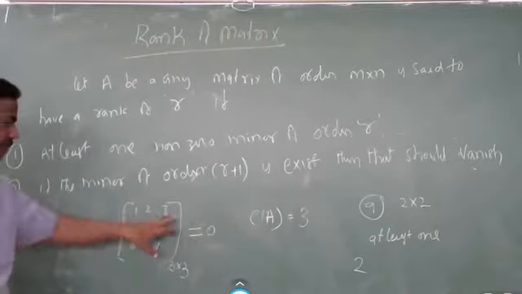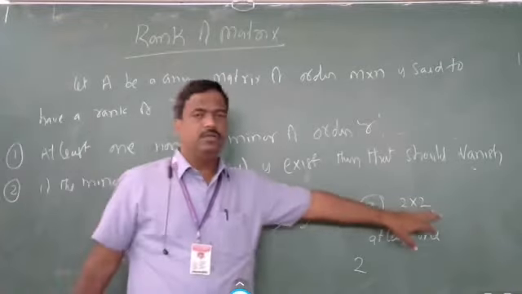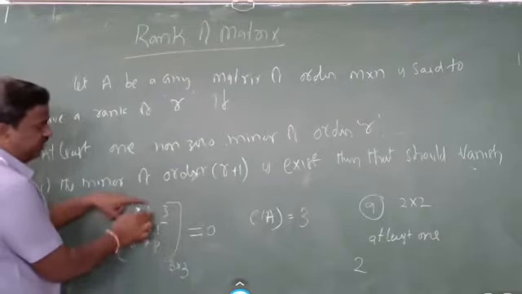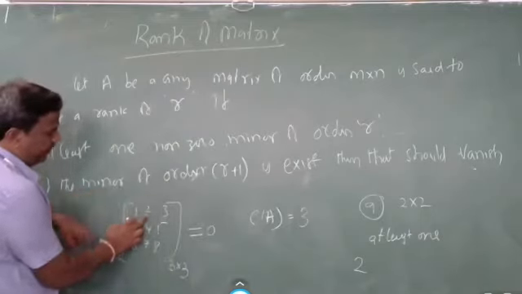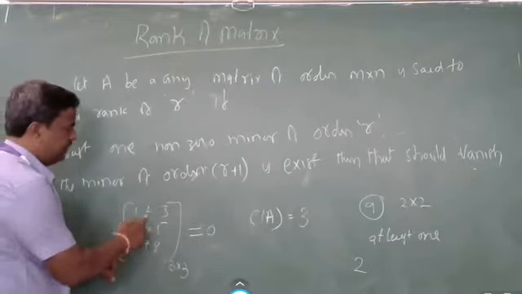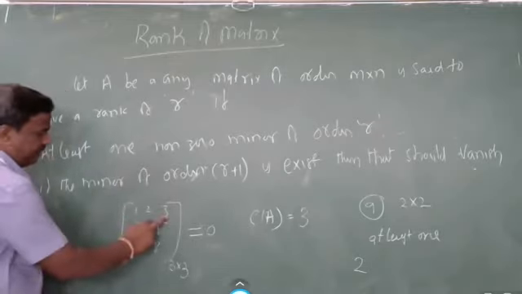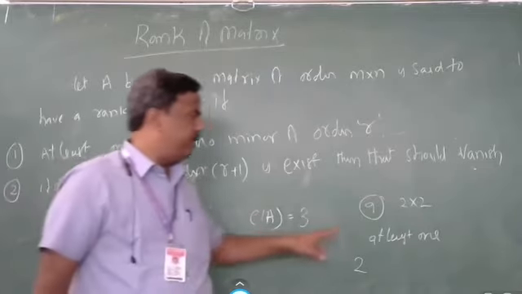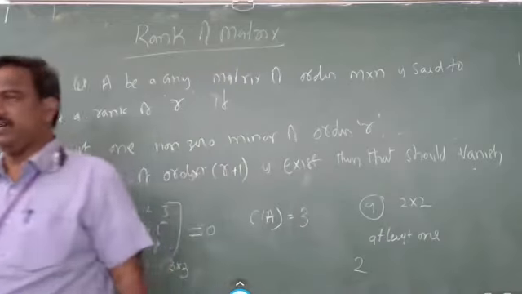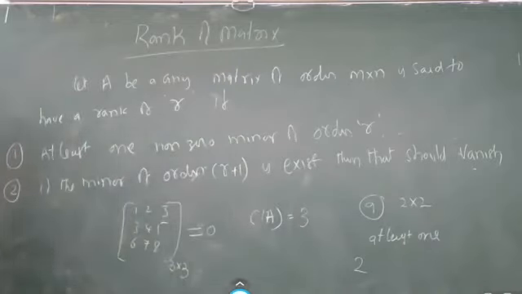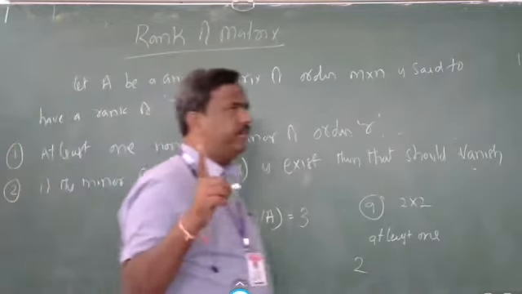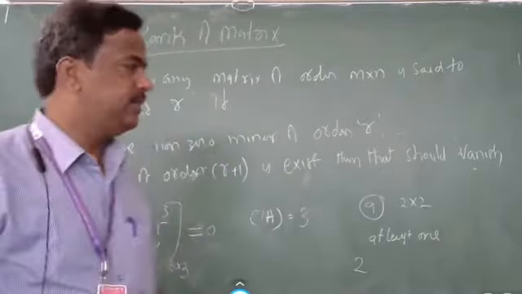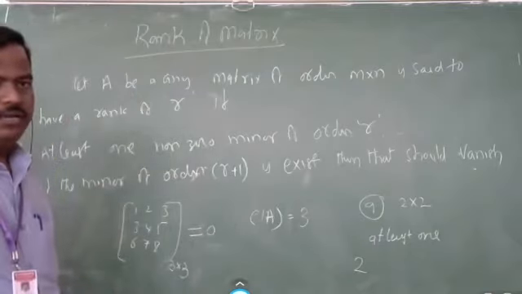So you have 9 minors of order 2 by 2, because for the first element you get 1 4 5 7 8, and for the second 2 3 5 6 8, for the third 3 3 4 6 7, like this. You will get 9 square matrices. If at least one minor is not equal to 0, then the rank of the matrix is 2.